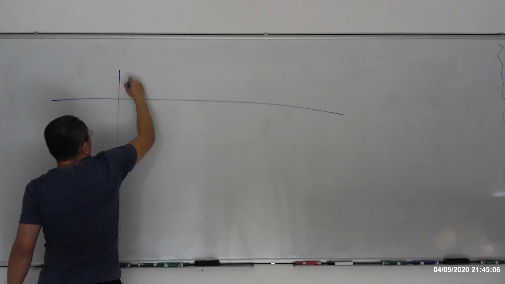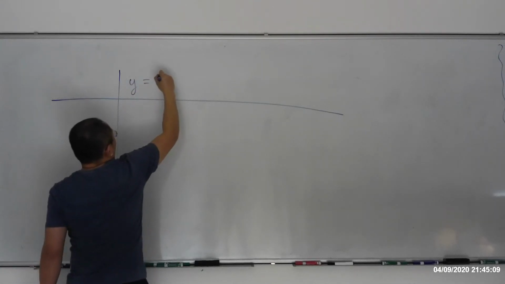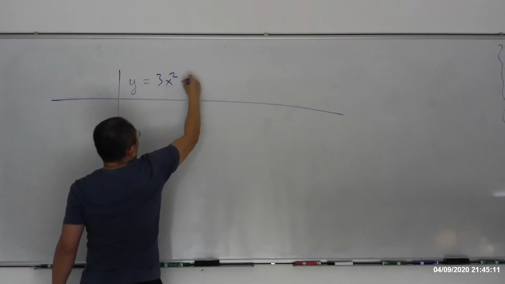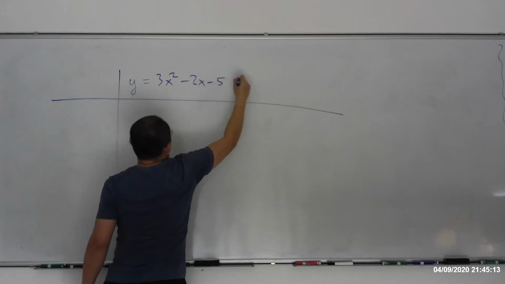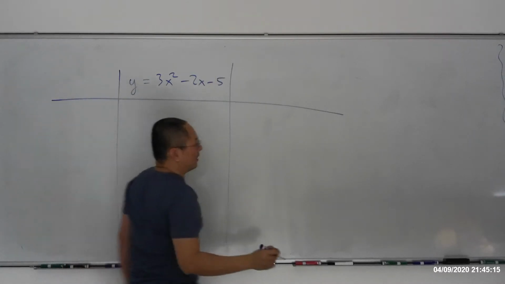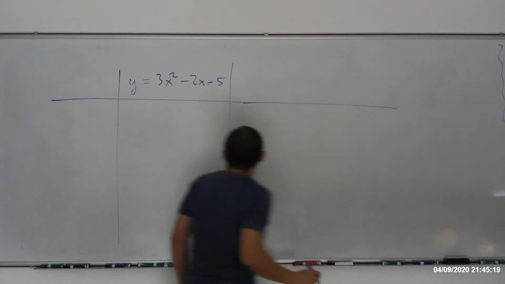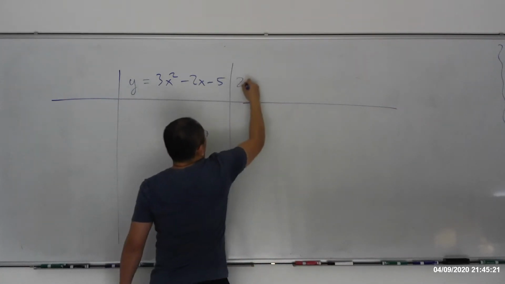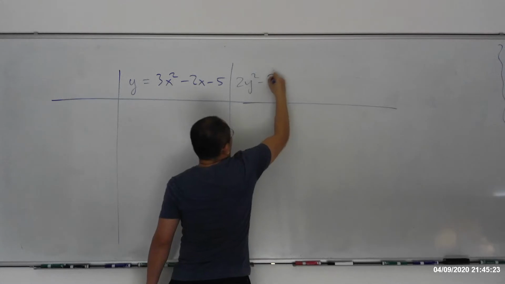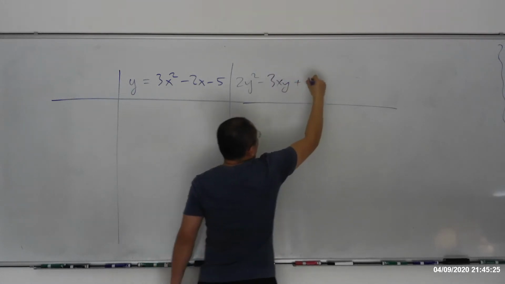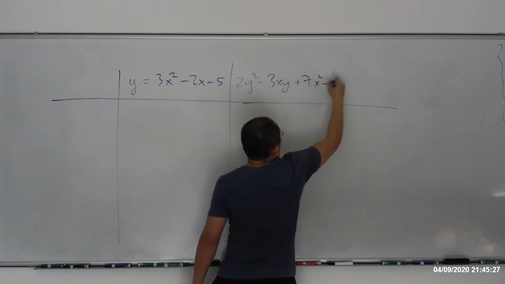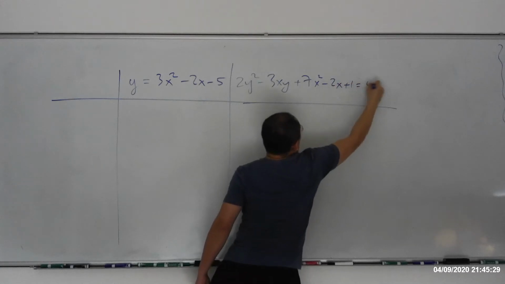Original equation, say it's y equal to, what was that, 3x squared minus 2x minus 5 or something? Doesn't matter. Okay, try another one. I'm just giving another example, just coming out of my mind randomly. 2y squared minus 3xy plus 7x squared minus 2x plus 1 equals 0.